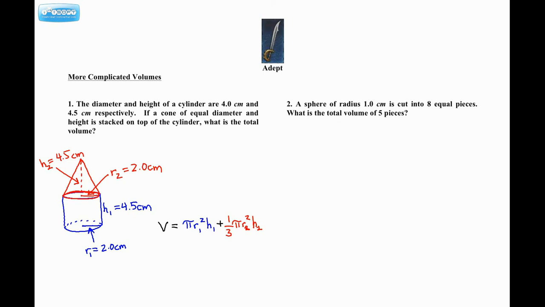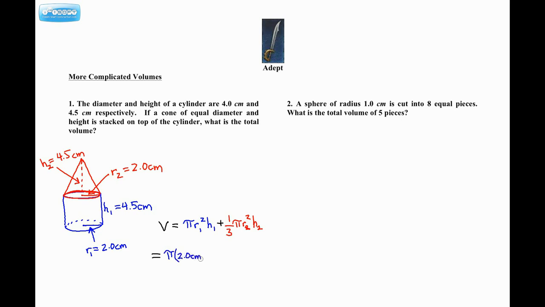Okay, so I'm just going to plug everything in, or substitute. Pi times 2 centimeters squared times 4.5 centimeters. Just going to write this below here.